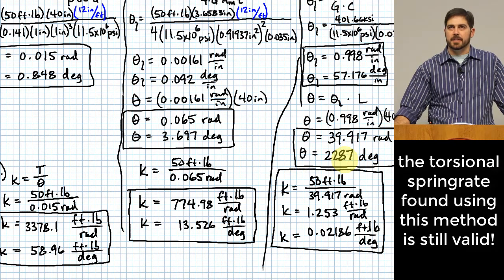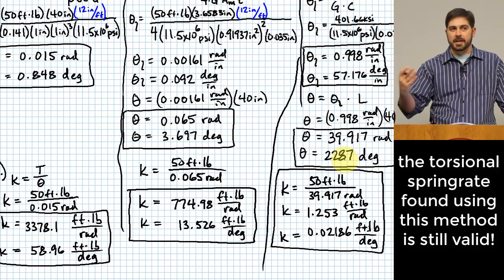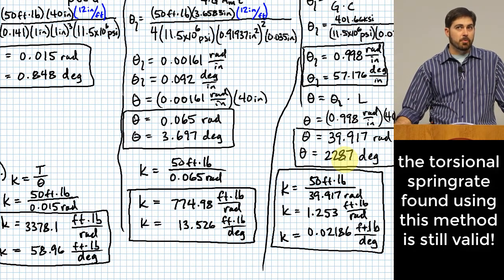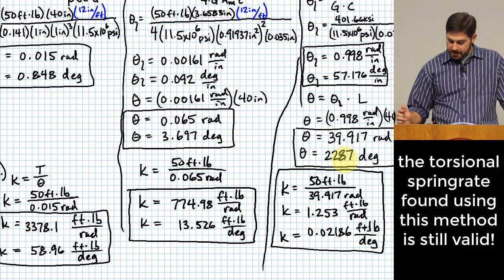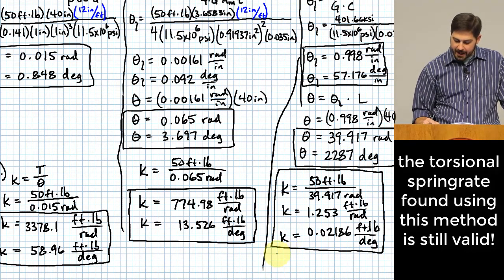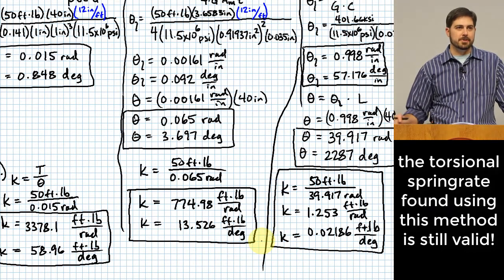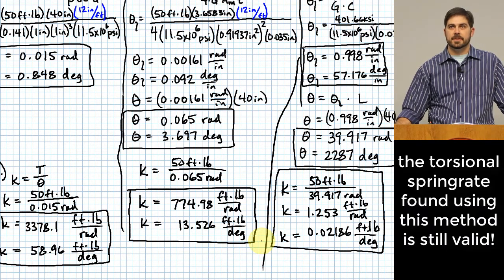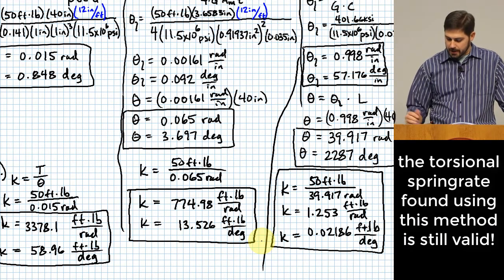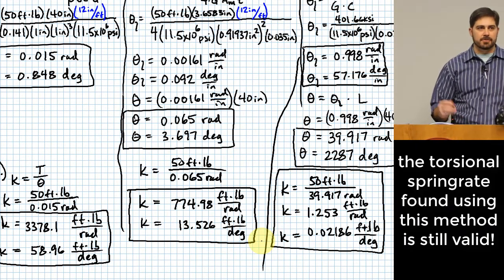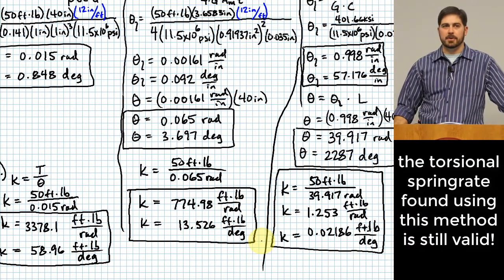A lot less, right, than 50 foot-pounds, or, you know, 1 inch-pound. Well, it might be able to support that, and if it did, then these K values are still valid, even though we developed them using these numbers that were ridiculous. Okay, so that's the point I wanted to make there, that your torsional spring rates are still valid, even though we got them out of these numbers that seem kind of ridiculous.